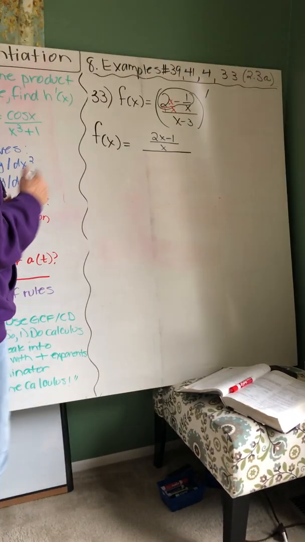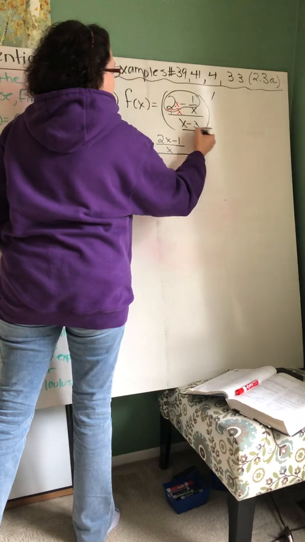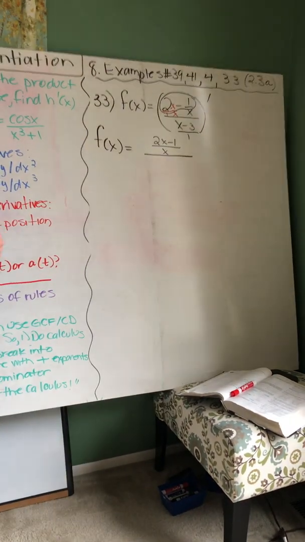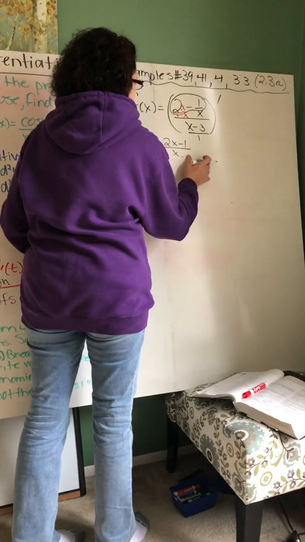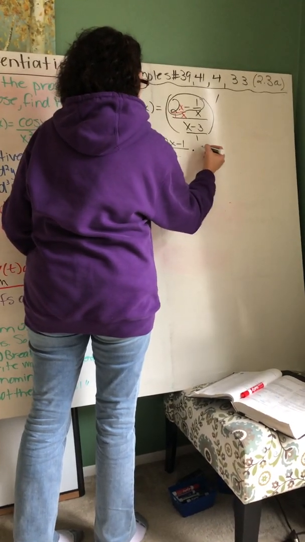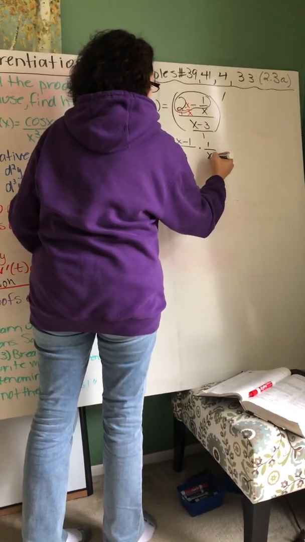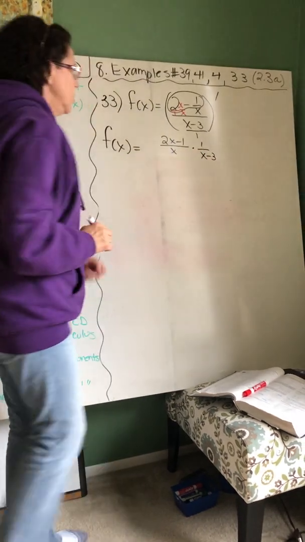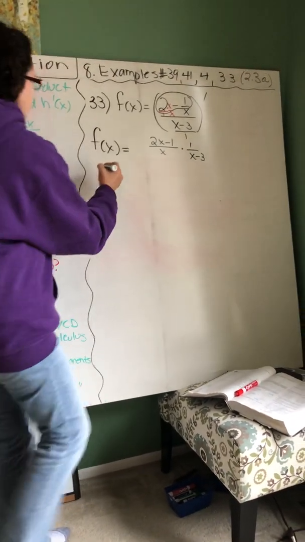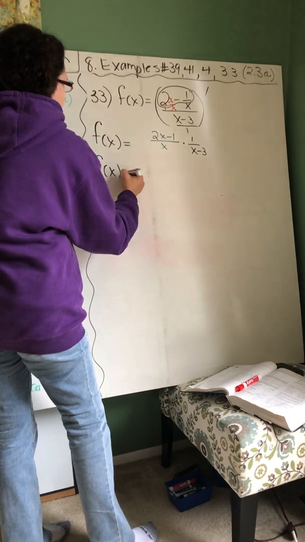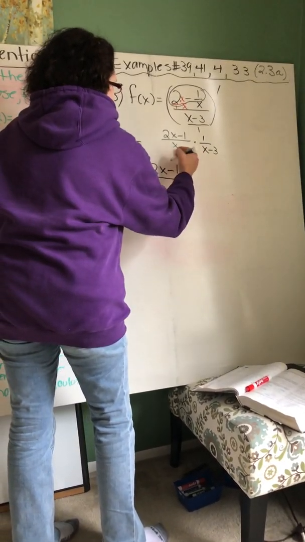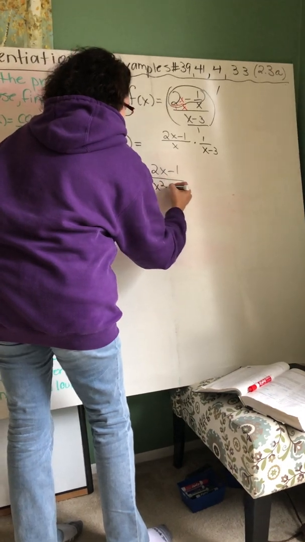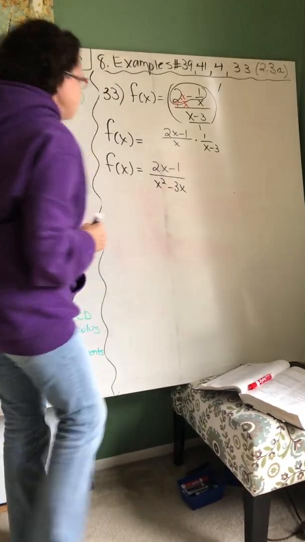If it's okay with you, rather than dividing by x minus 3, I am going to multiply by the reciprocal. Still not taking the derivative, just setting up to do that easily. And I will distribute the x and have an x squared minus 3x.